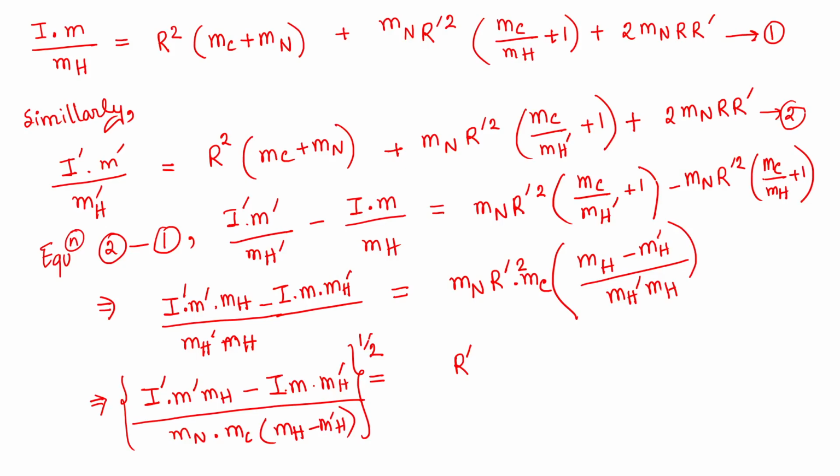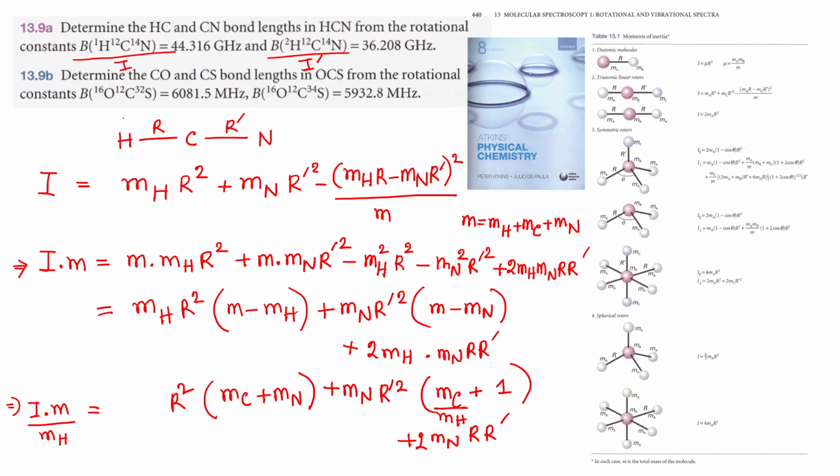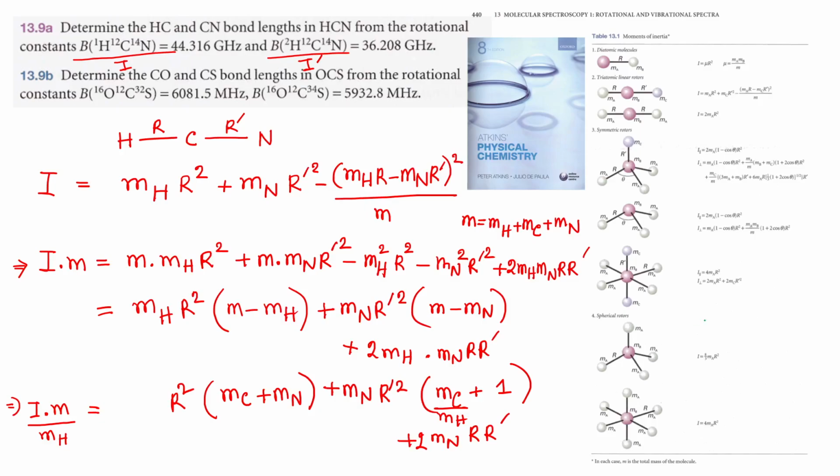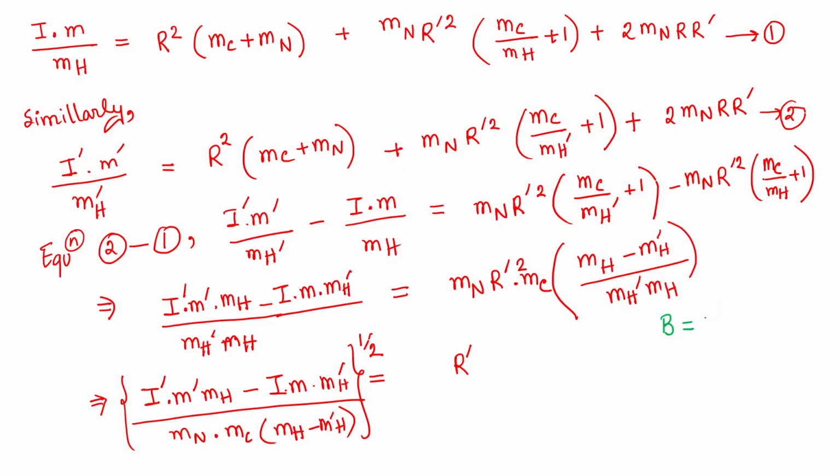Is this clear so far? And what information do we have? Let us go back to the question. We have the rotational constant for each of the isotopes, right? So if we have the rotational constant B, let me write it for maybe the first one. Maybe I'll write B and B dash.